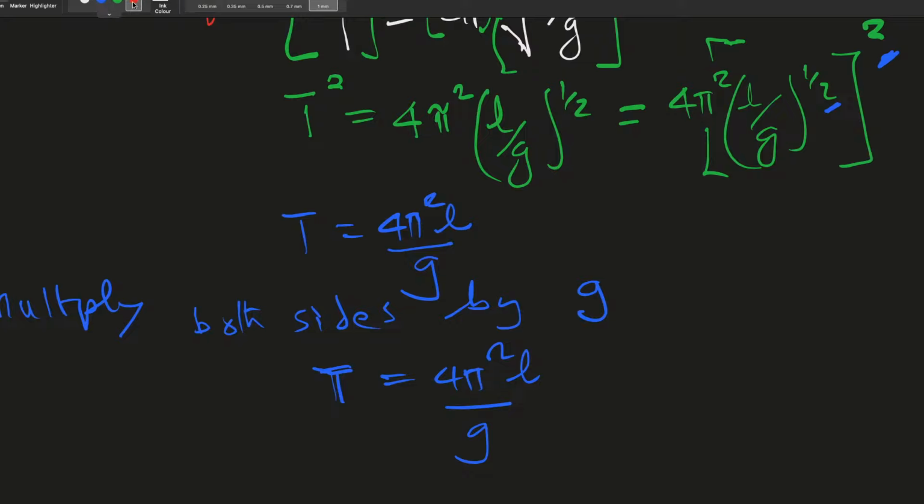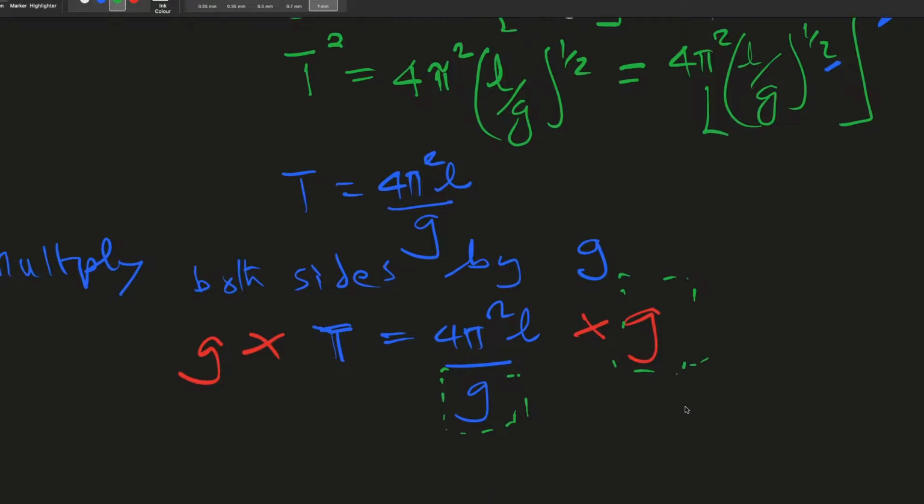So both sides, multiply here by G and multiply here by G. So straight on, we realize that this G will cancel this G. So that will get rid of these two G's.